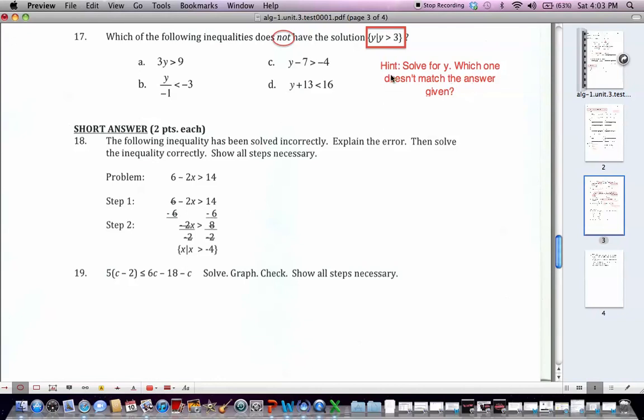And when I say solve for y, I want you to solve A, B, C, and D for y. And then you're going to tell me which one of those answers doesn't match this. Okay? And whichever one doesn't match that, that's going to be the correct choice for number 17. So we're trying to find the one that does not have this solution right here. Okay? And that's number 17.